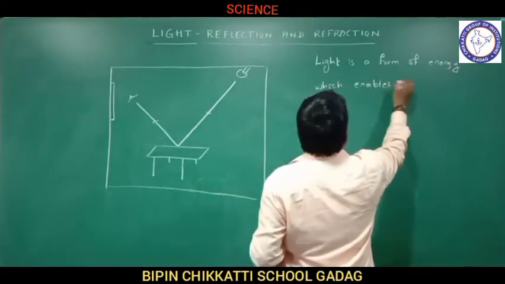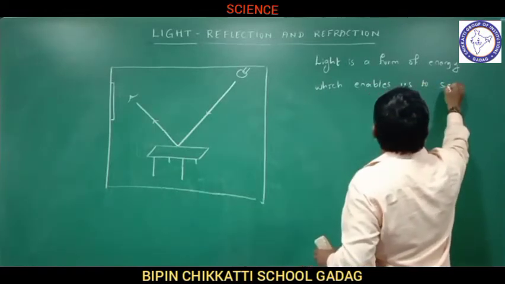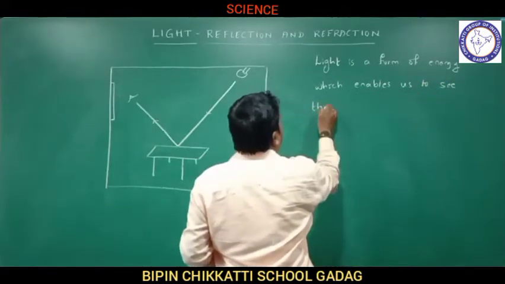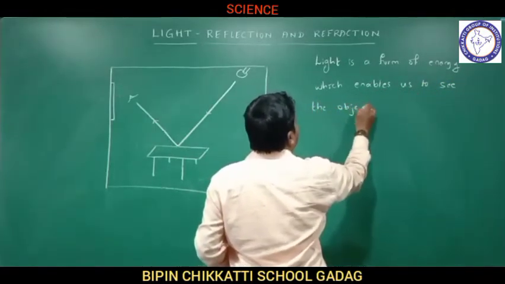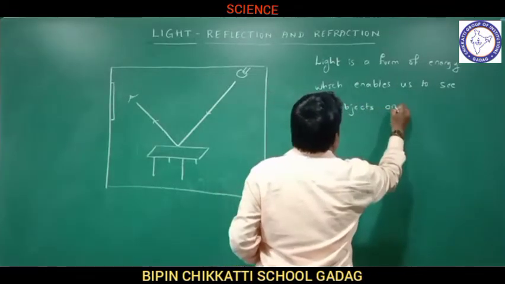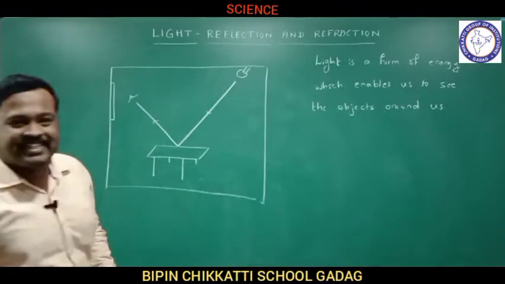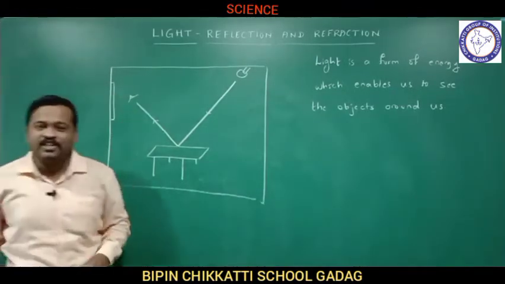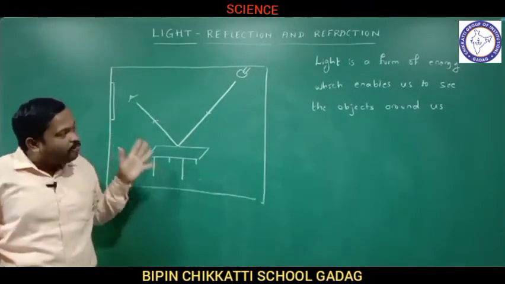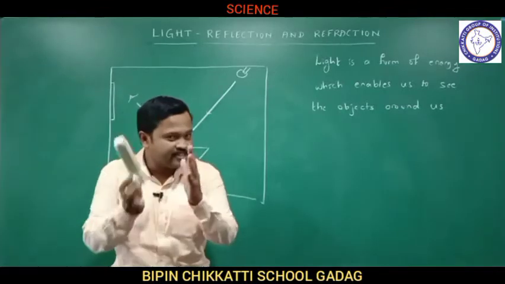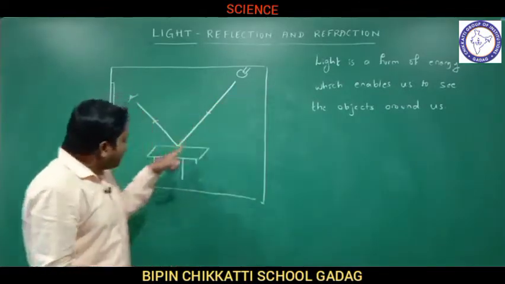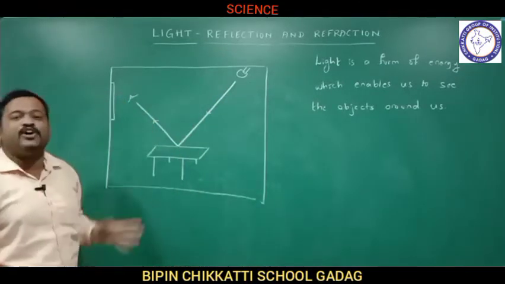Light is a form of energy which enables us to see the objects around us. There is some energy which is coming from the bulb, hitting the table, and it reaches your eyes.